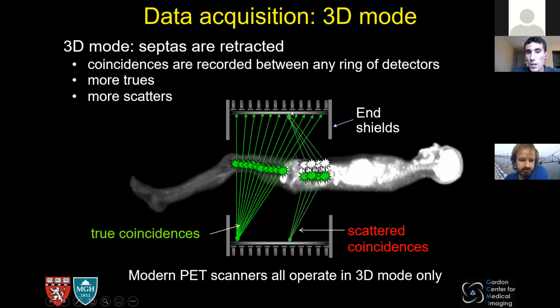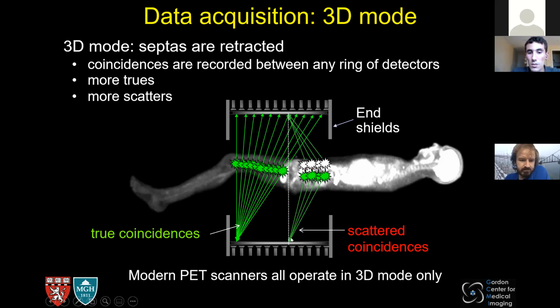If you remember the plane that we just mentioned for the 2D mode, true coincidences have to come from within the plane, right? Because they are true coincidences. But all the scatters that come in with this characteristic here are also going to contribute to your signal for this plane.